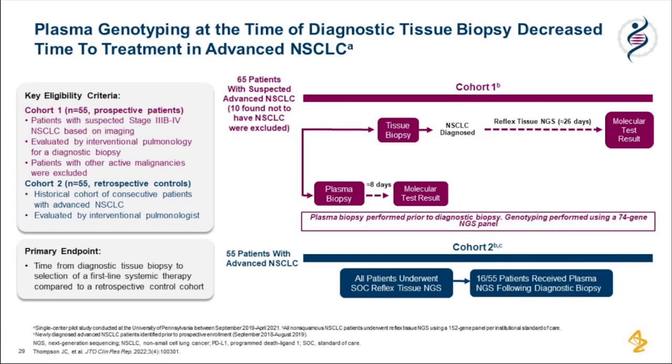And then of course, plasma genotyping at the time of diagnosis decreased time to treatment, right? Because we already know that there's a decrease in the turnaround time, and then we start looking at time to treatment in themselves. There were 2 cohorts. You had cohort 1 that had both plasma and tissue, and then the other cohort just underwent tissue NGS.